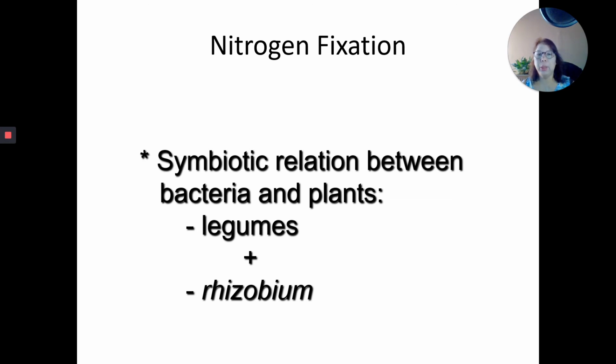Legumes like peanuts and mongo, plus the microorganism rhizobium, produce nitrogen needed in the fertilization of soil. So that's the chemistry of nitrogen fixation.